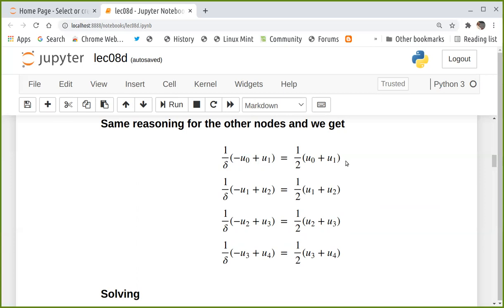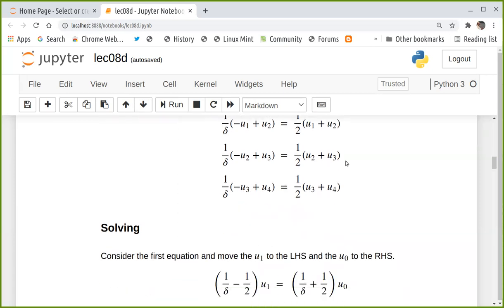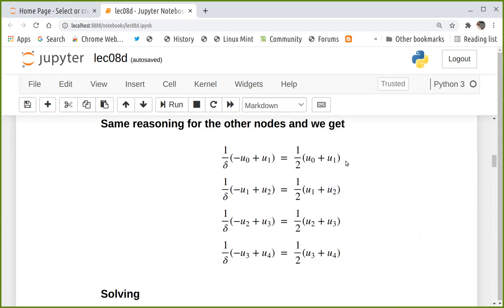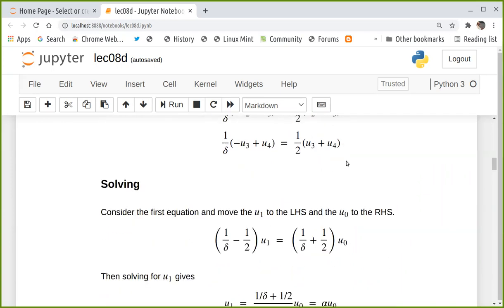As you go from node xi to xi plus 1, all the indices, all these subscripts that you have, they increase by 1. Okay? So now you have these four equations. Okay. Now, we need to solve for U0 through to U4.